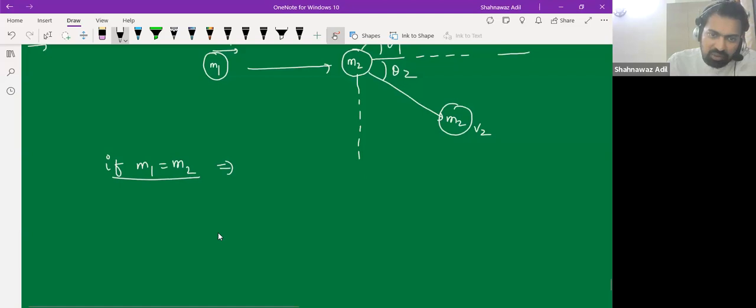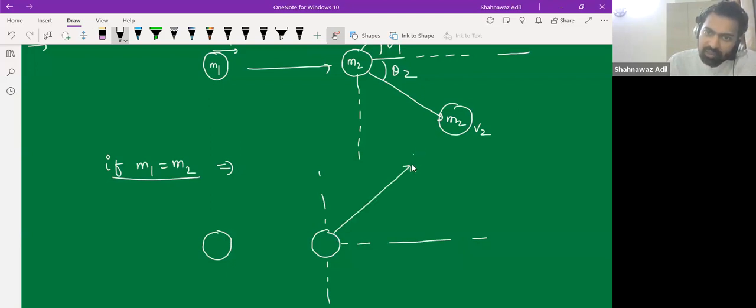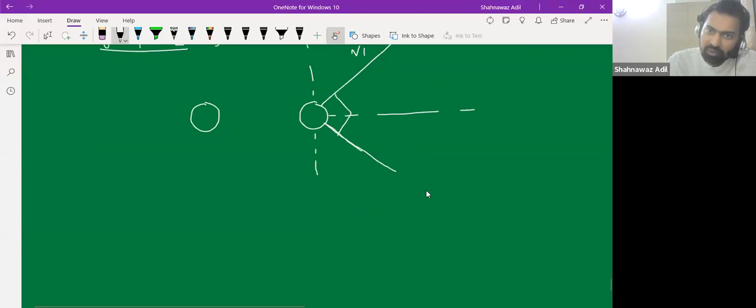So we have to show that if m1 equals m2, then, let's say this is theta 1, and this is v1, and we have to draw the perpendicular. This is theta 1, this is theta 2, right?